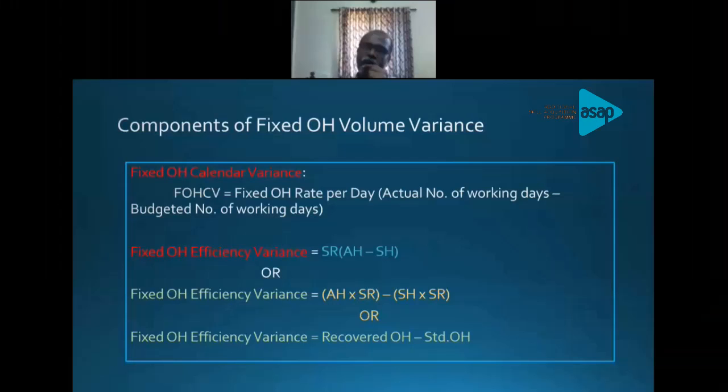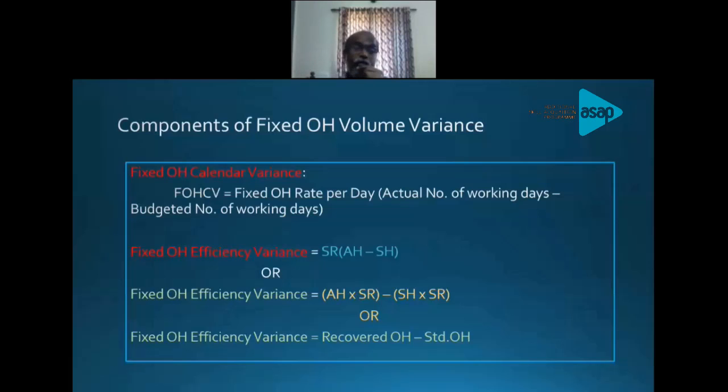Another one is fixed overhead efficiency variance. Standard rate into actual hours minus standard hours, or, as an expansion, actual hour into standard rate minus standard hour into standard rate. This is also very important for solving some questions. This equation may help you.